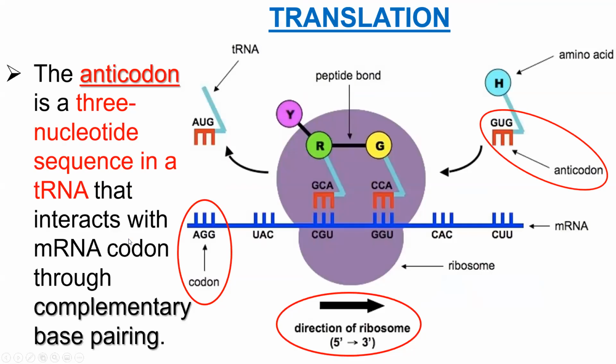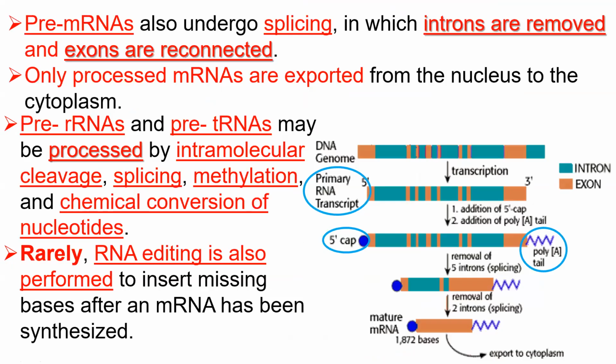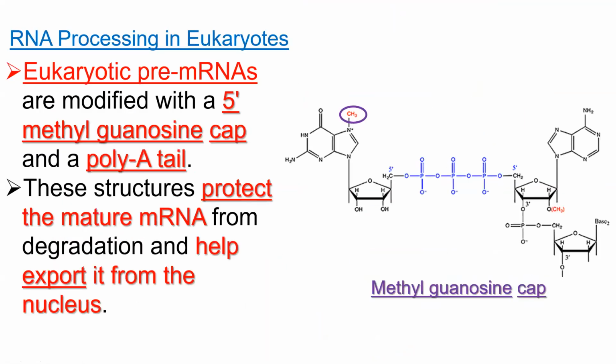Let me see here. This is what I said. Remember, this is the cap. A cap is formed between two nucleotides, okay? At the 5' end of the messenger RNA, it's between two guanines. One of them is methylated, this guanine here has a methyl group, and this is the guanine which is at the 5' end.